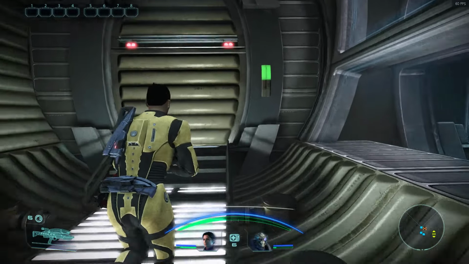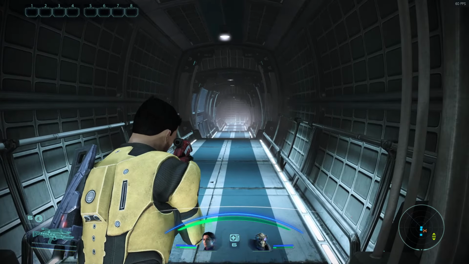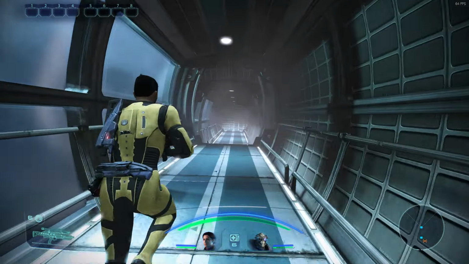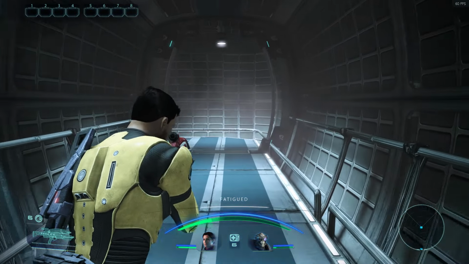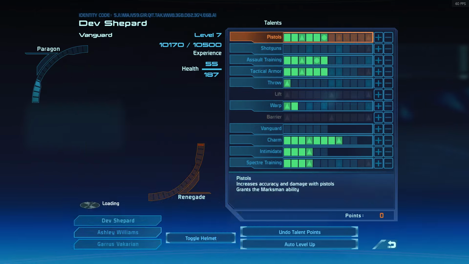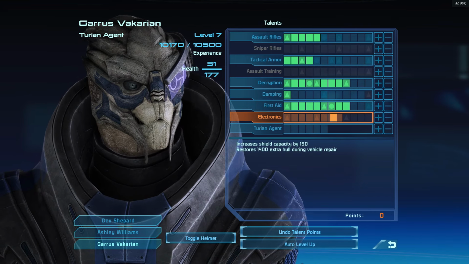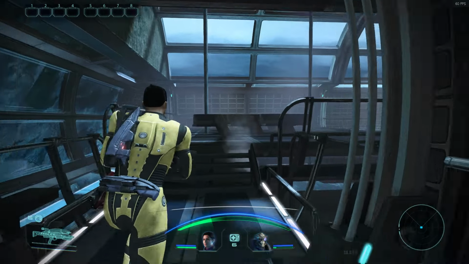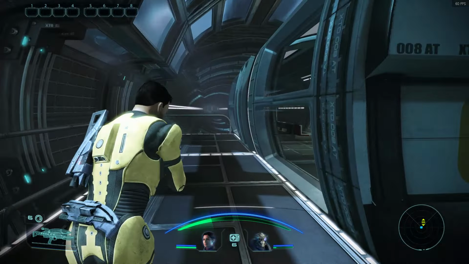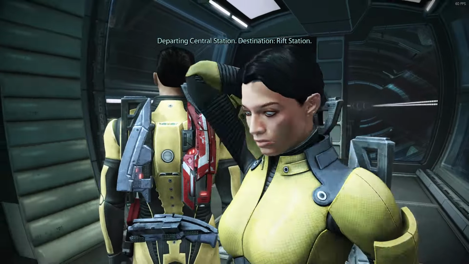Perimeter clear. Departing Central Station.